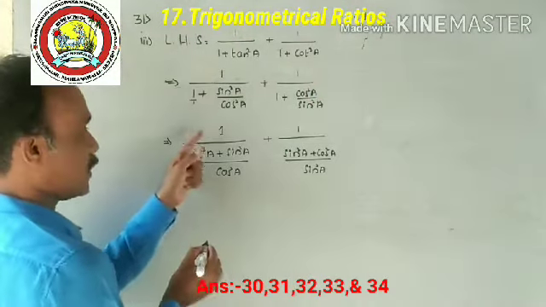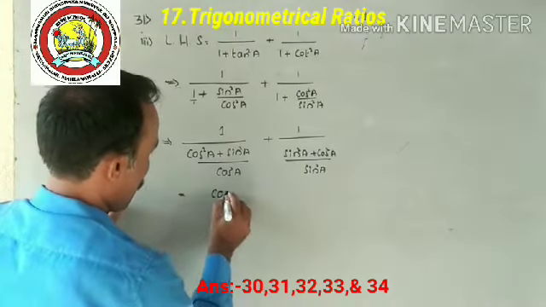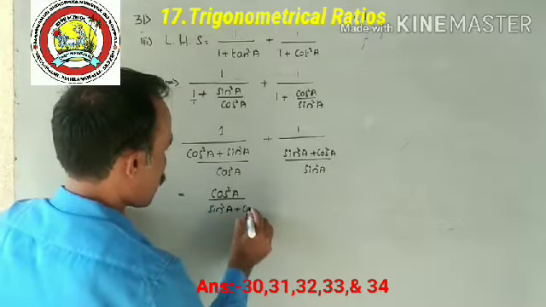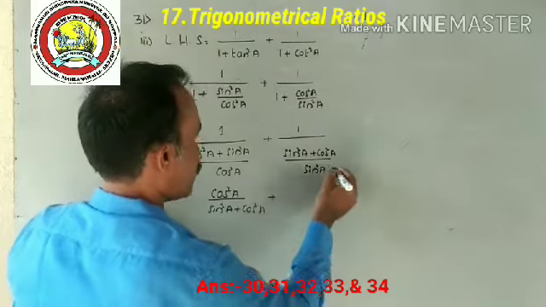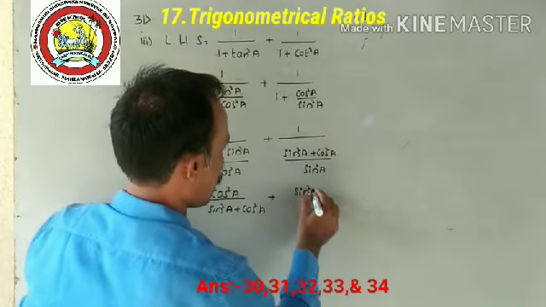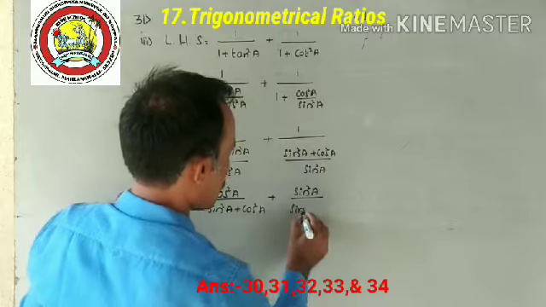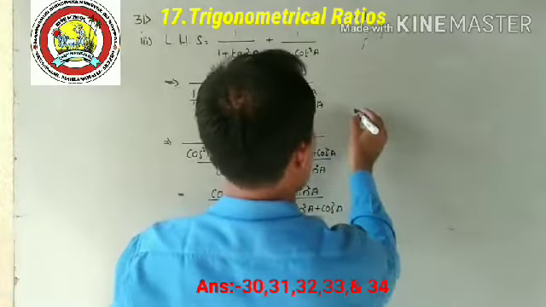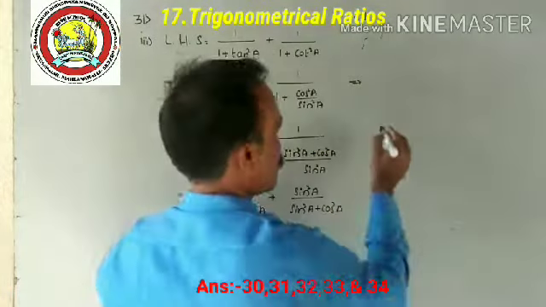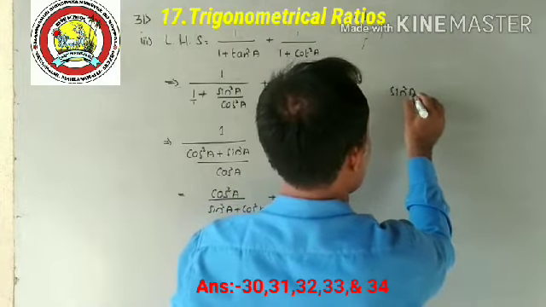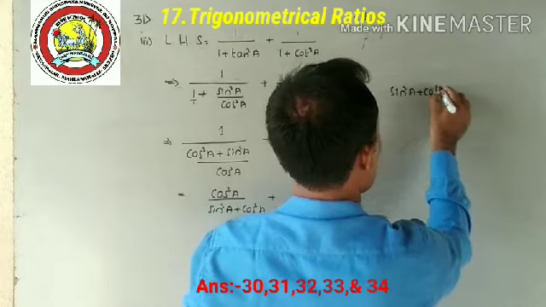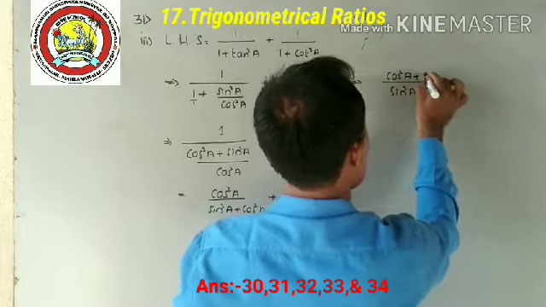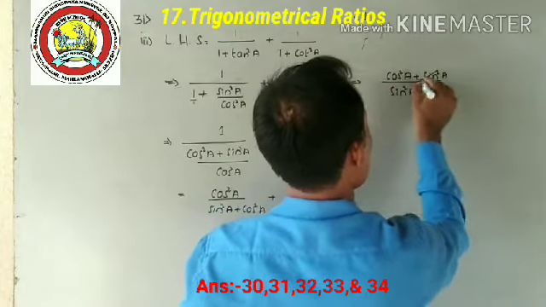Next, shift cos square A, so that is cos square A divided by sin square A plus cos square A, plus, again it goes to the numerator, sin square A divided by sin square A plus cos square A. Once again take LCM, sin square A plus cos square A. Again we get cos square A plus sin square A. There's no need to write 1 directly.